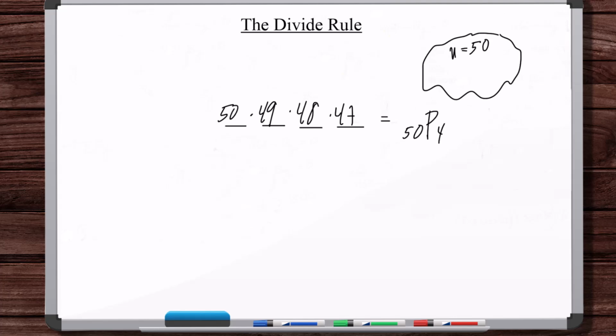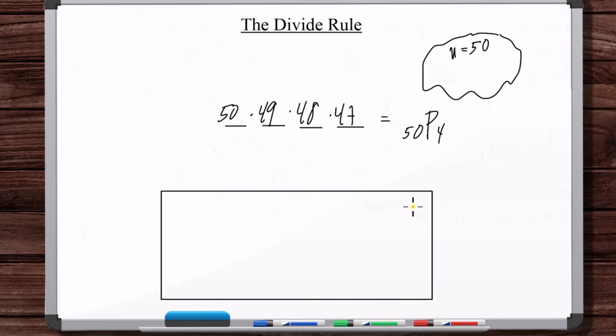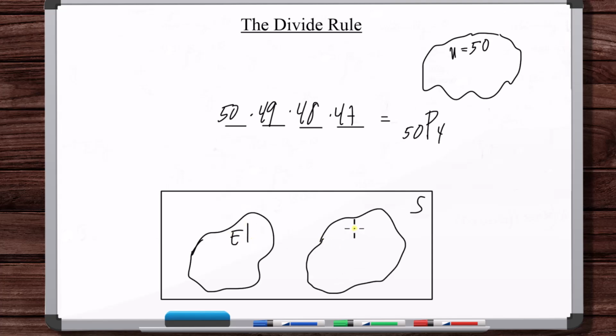Okay, well, we can break this 50P4 down. We could make an event diagram here. So here's the system. Here's event 1. Here's event 2. Okay, we can break this down as, let's say that event 1 is exactly what we're looking for as far as combinations.